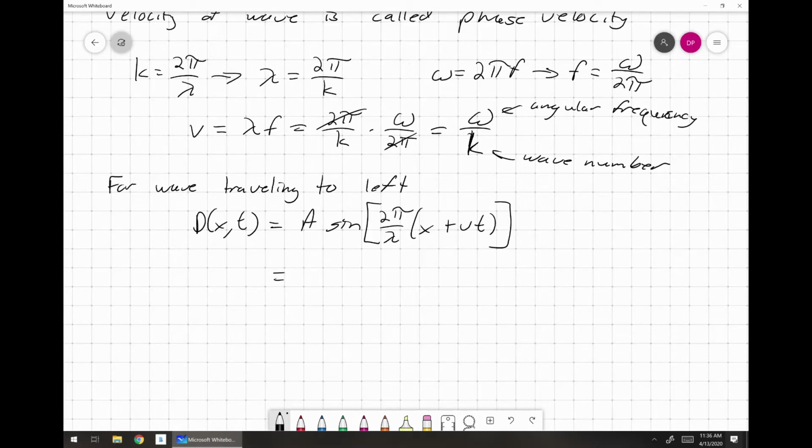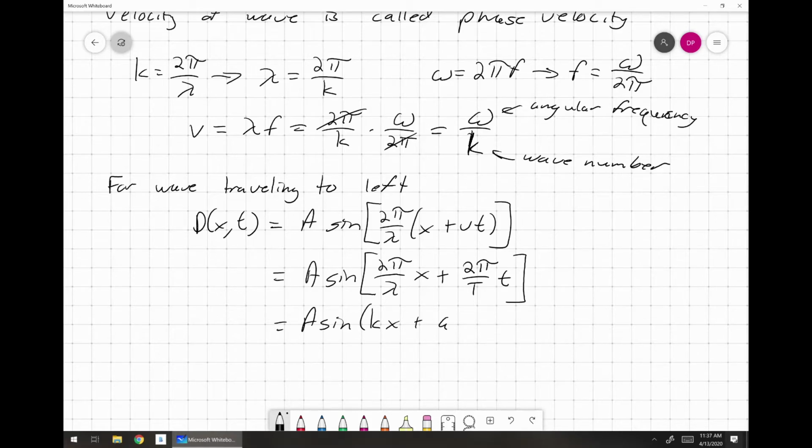And we can go through the same kind of arguments that we did before, and we can express this in multiple ways. So we have this equation here, 2 pi over a period times t. And of course, we have the simplified version, kx plus omega t.